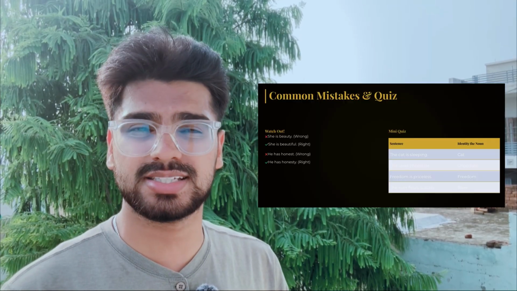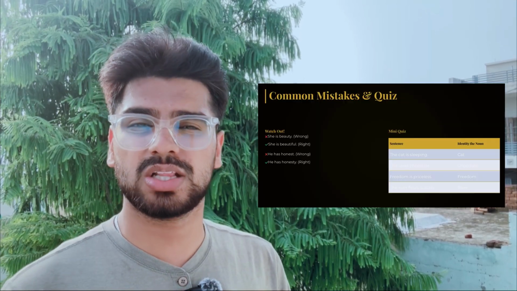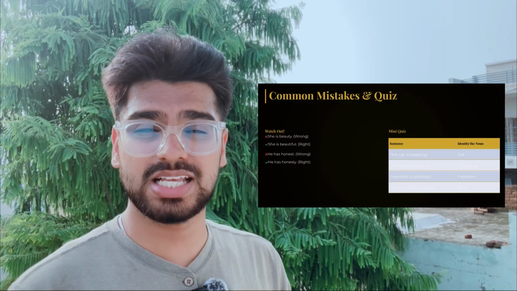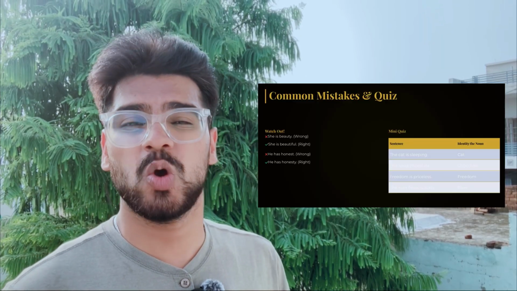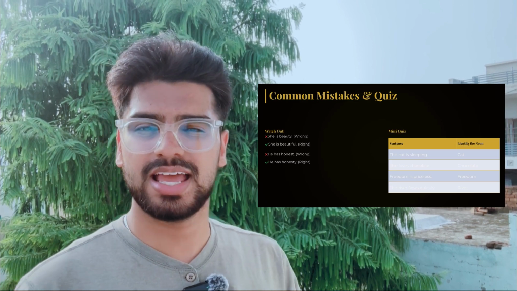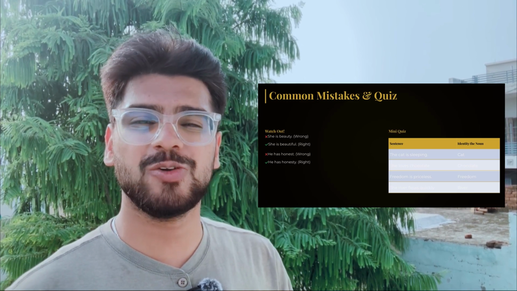In this sentence, the noun is chocolate. The river flows quickly. In this sentence, the noun is river. Freedom is priceless. In this sentence, the noun is freedom. Memory trick. Anything which you can name is a noun. If you can name it, it's usually a noun.